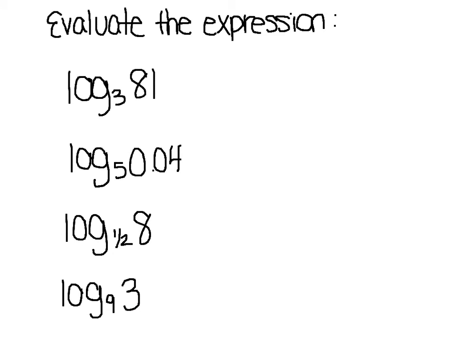So let's look at some examples where we're going to have to evaluate the expression. These are some of the problems that you're going to have to solve. Let's start with log base 3 of 81. Well, we know that's going to be equal to x. So I can rewrite this as 3 to the x equals 81, and I'm trying to find out what x equals.